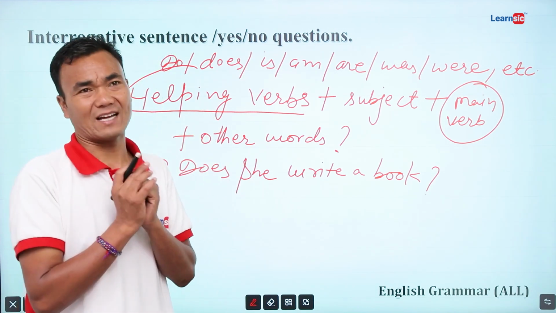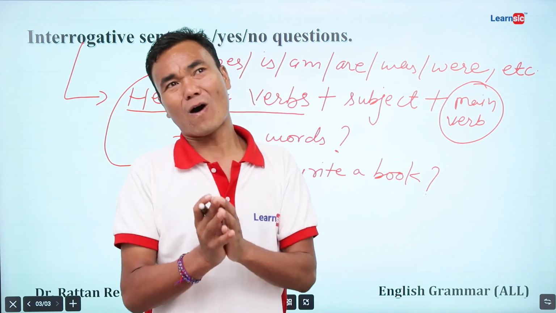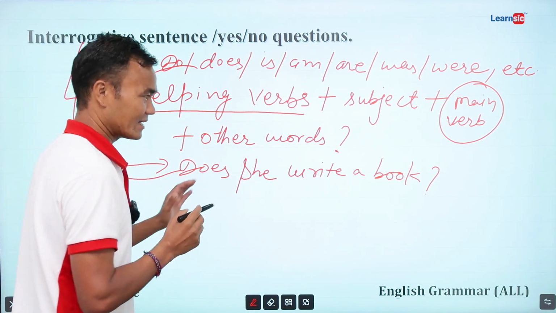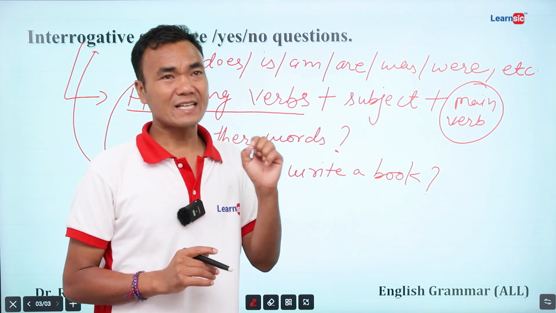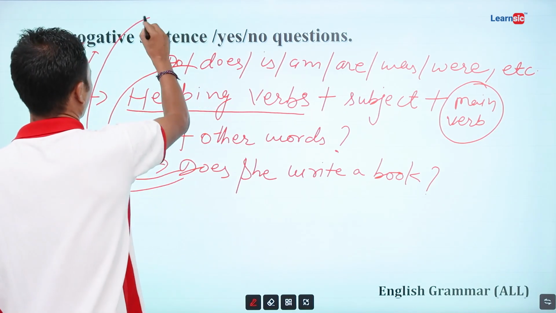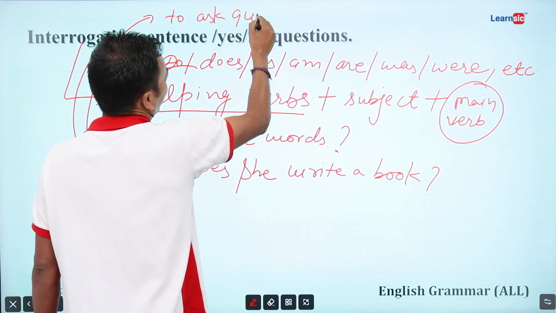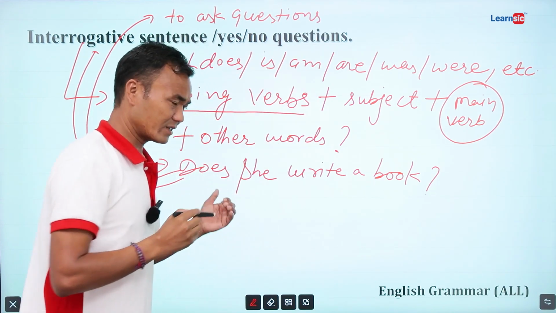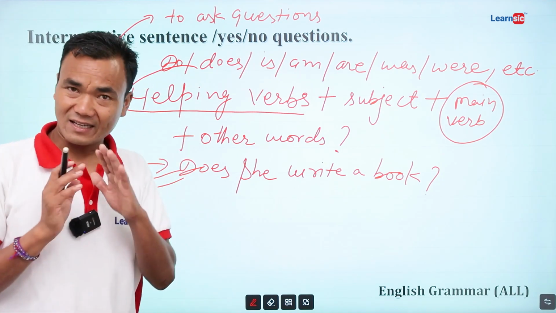It is an example of an interrogative sentence. First thing, example of interrogative sentence. Second, the function of this sentence. What is the function of this sentence? To ask questions. And that is the second function.